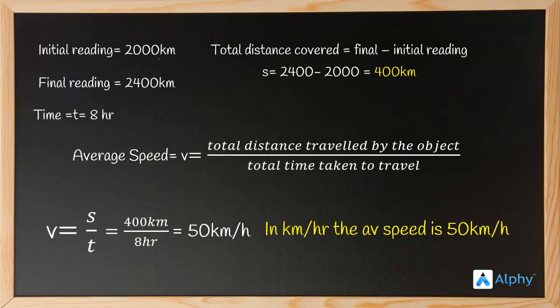How do we do that? Now we see in kilometer per hour, we know that it is 50 kilometers per hour. In meter per second, what is the average speed? We have to convert kilometer per hour into meter per second. So how will we do that?